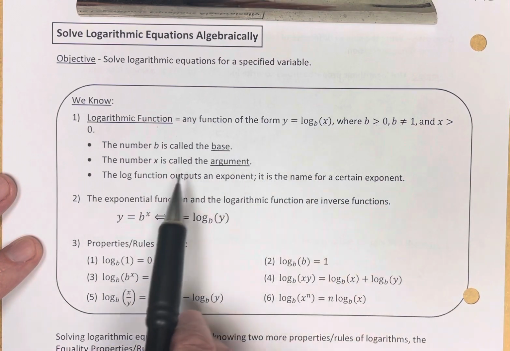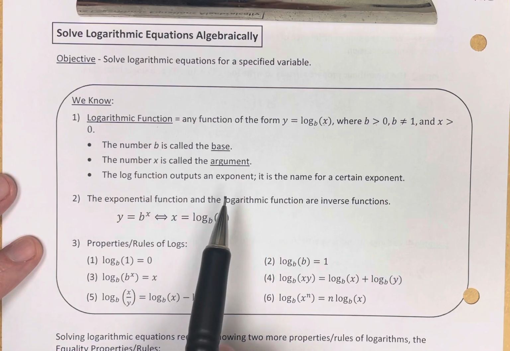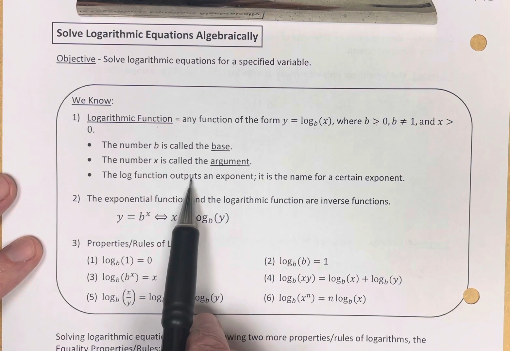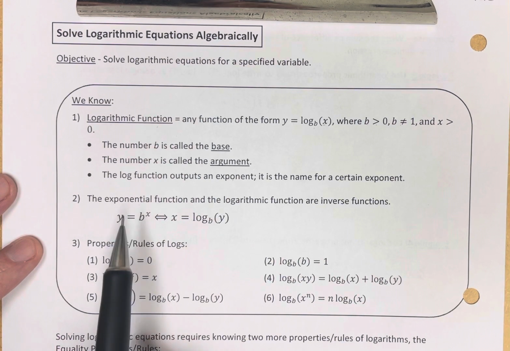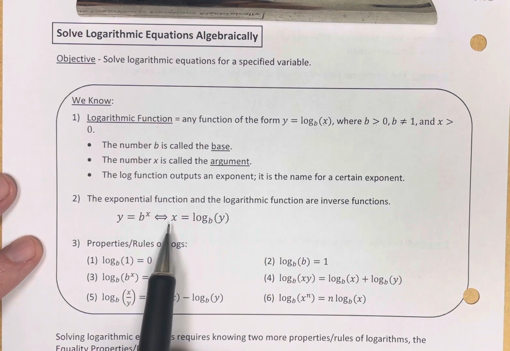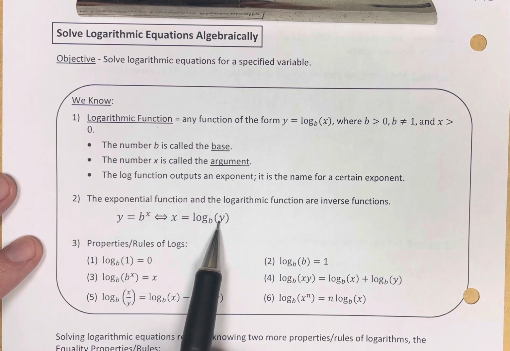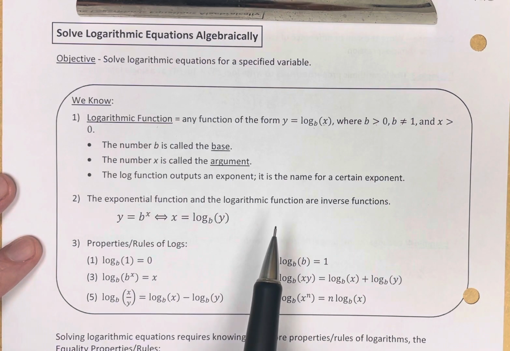We know that when we take the log of something, we get an exponent out of that. The log function outputs an exponent. We know that the exponential function y equals b to the x and the logarithmic function x equals log base b of y are inverse functions, which means they undo one another.